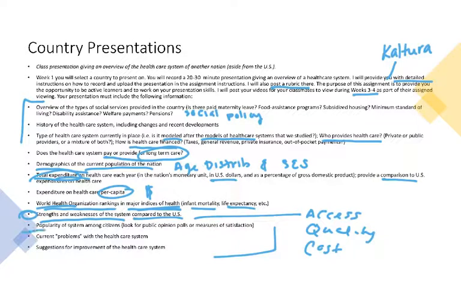Now, this next point might be a little bit difficult for you to find, and if you can't find it, that's okay. But if you can, I would like you to do your best to see if you can find what the citizens think about their healthcare system in that country. Look for public opinion polls or measures of satisfaction.